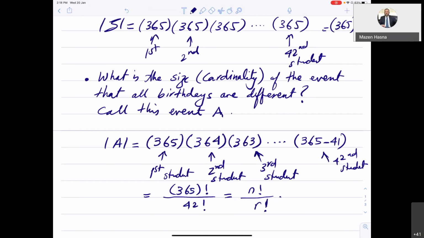You can write it this way. No, I'm just trying to write it in a nice way.